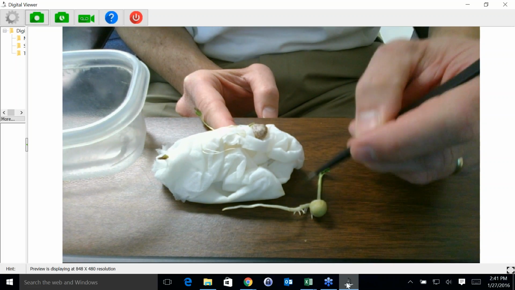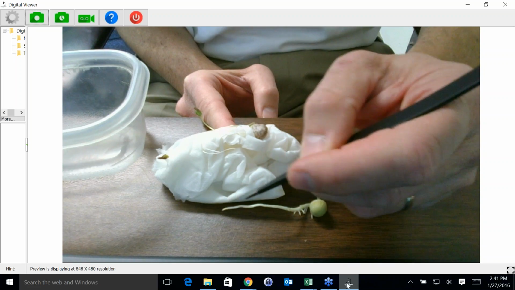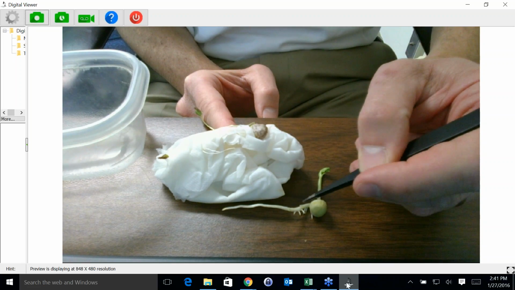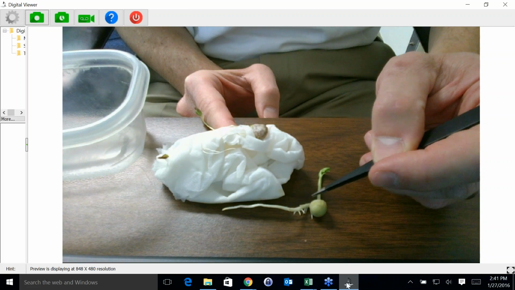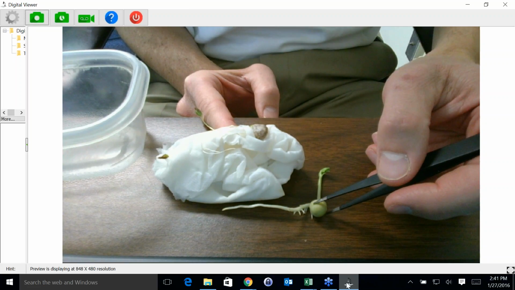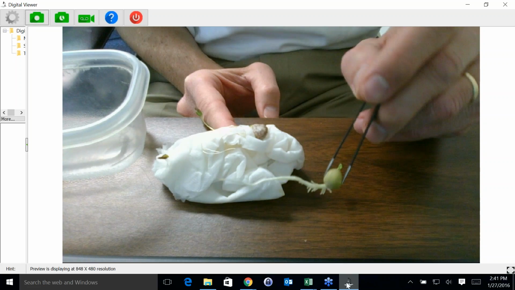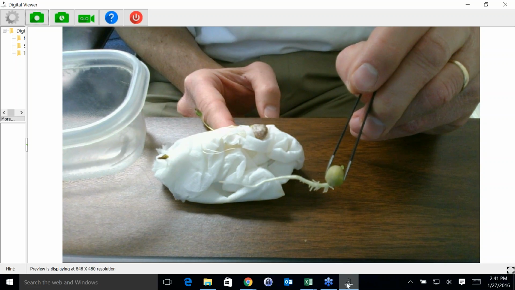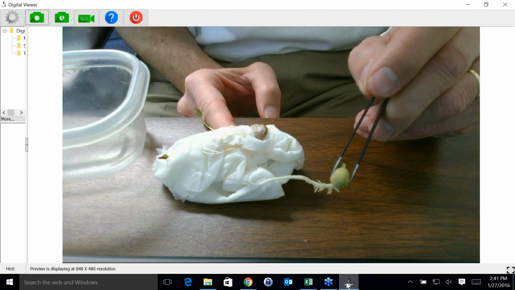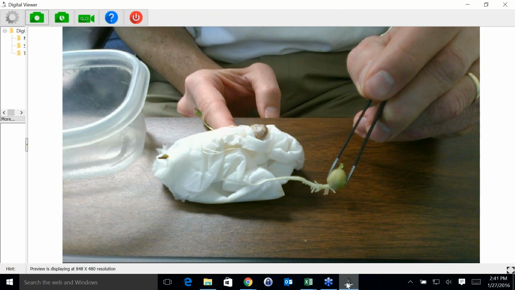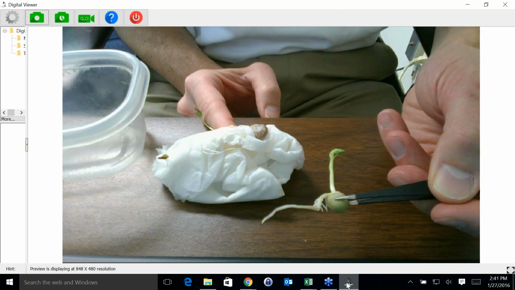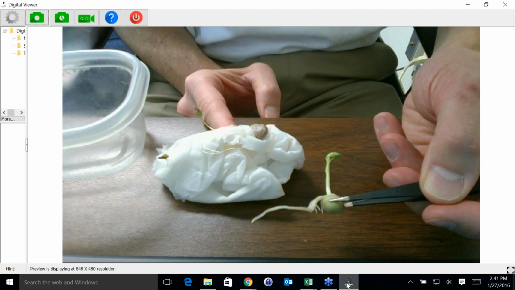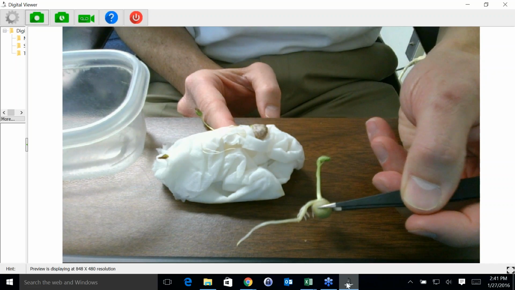Dicots have a tap root, meaning one principal root, and then lateral roots along the way. So we see that the tap root is growing really big and strong, and then the lateral roots come afterwards.